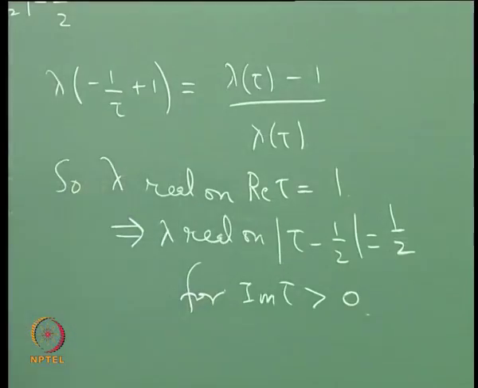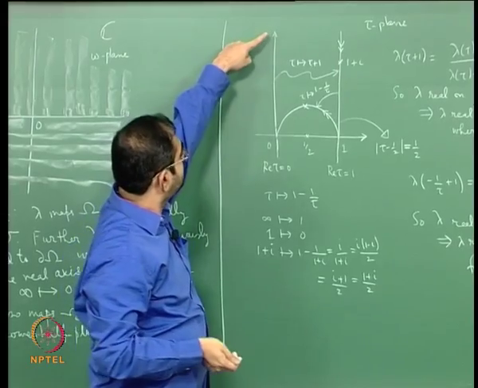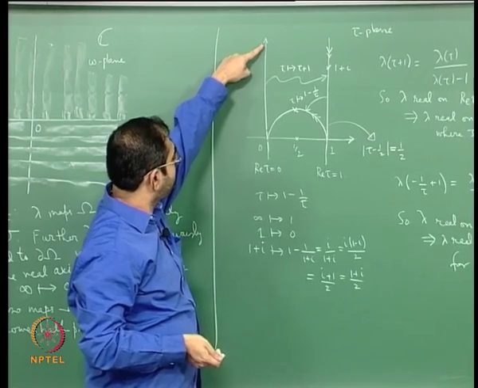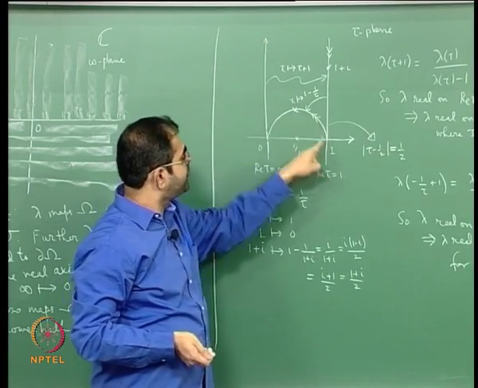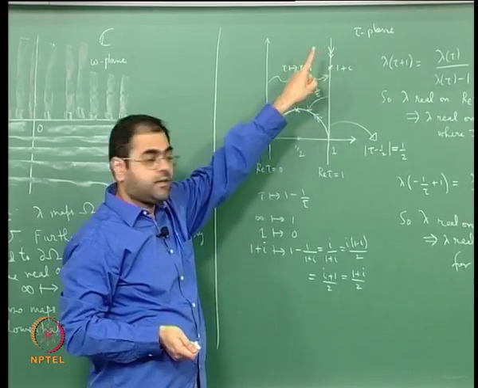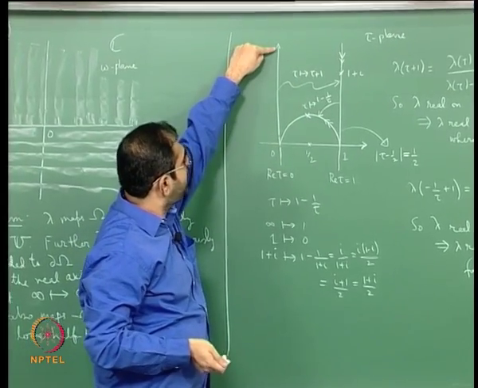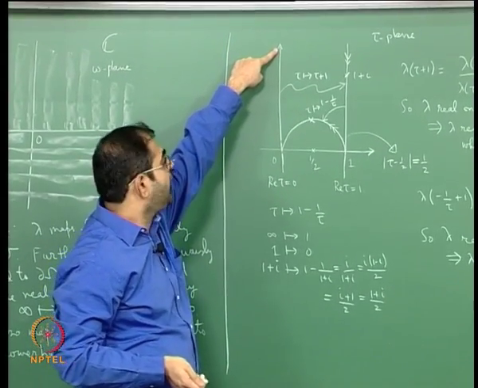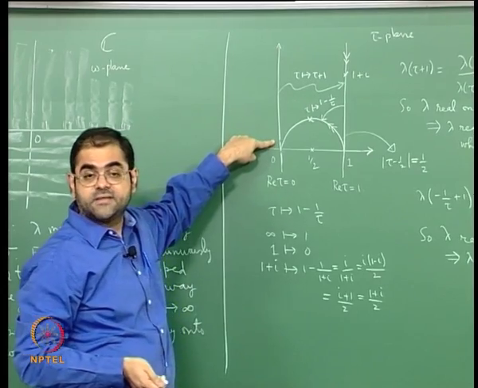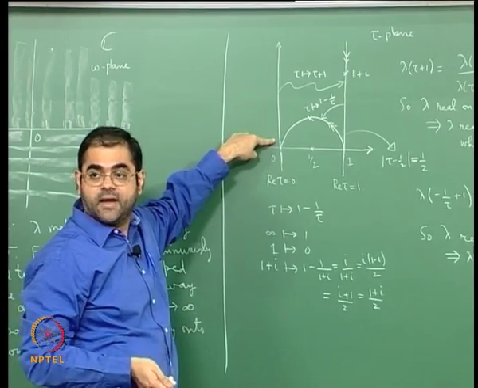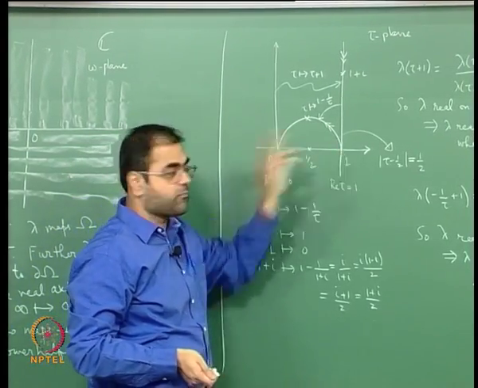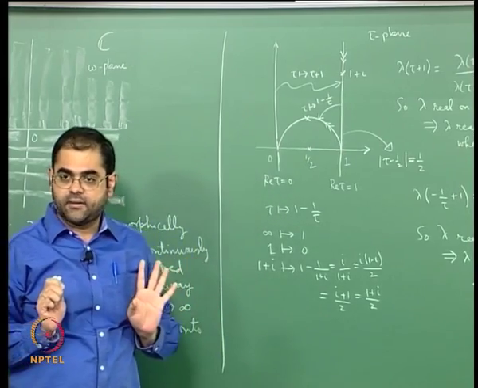So to show that lambda is actually real on this boundary, I have to only show that lambda is real on this imaginary axis. And I have to worry about the point 0 and the point 1, that is all I will have to do.